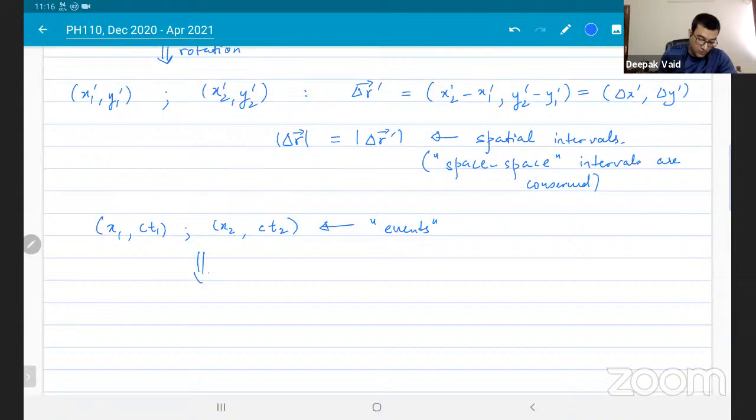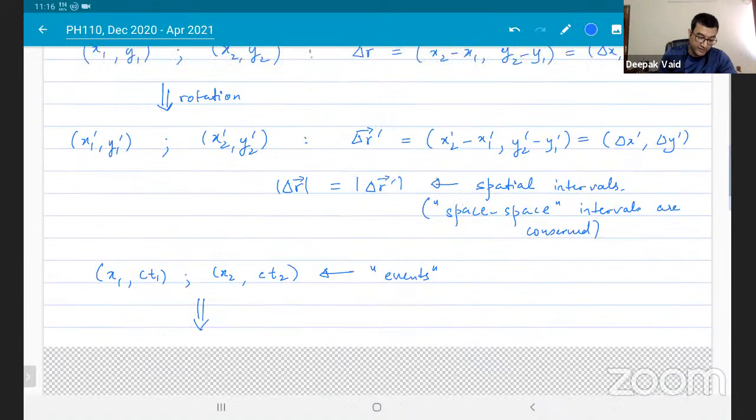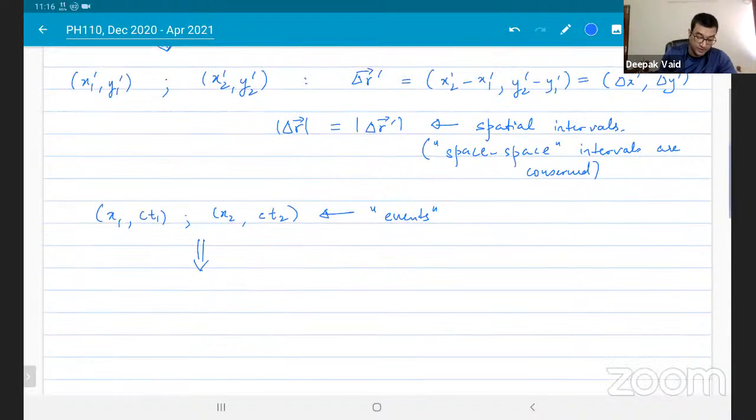And now there is an observer who is moving with respect to me, right? So here I had a spatial rotation. Here what do I get? I get a hyperbolic rotation, right? I get a Lorentz transformation.